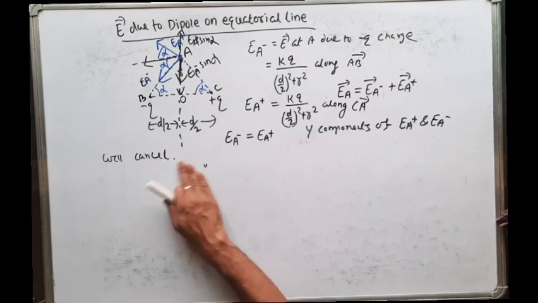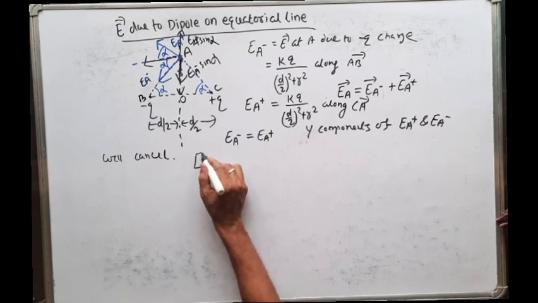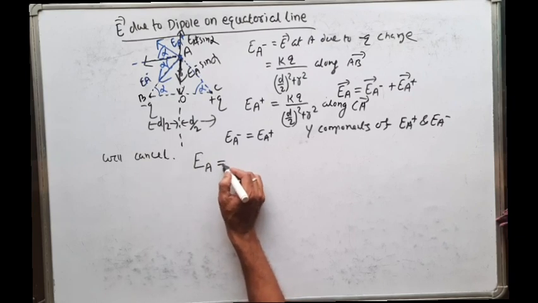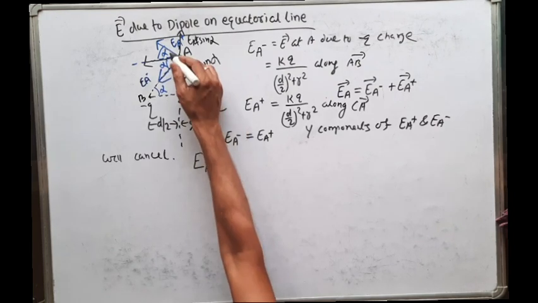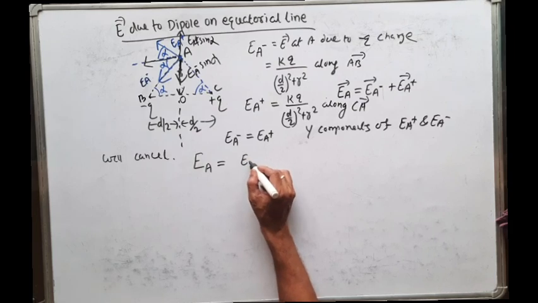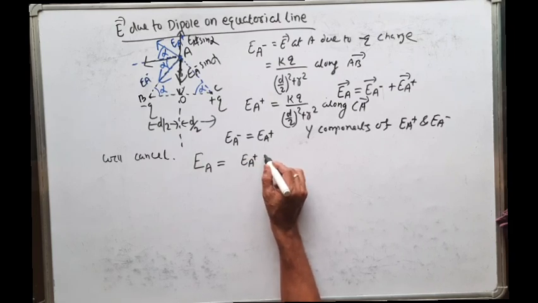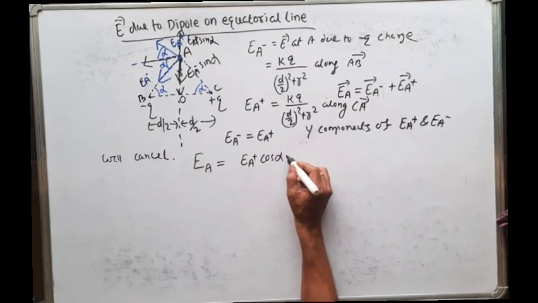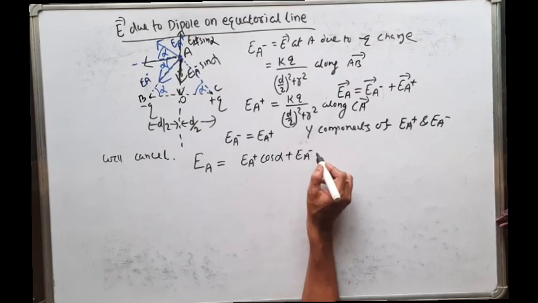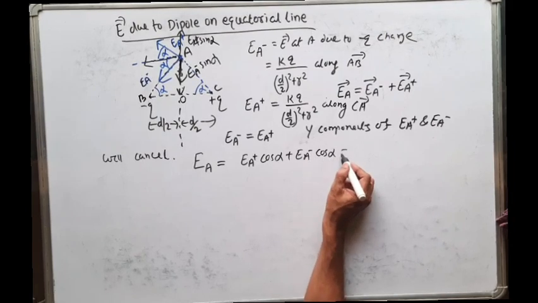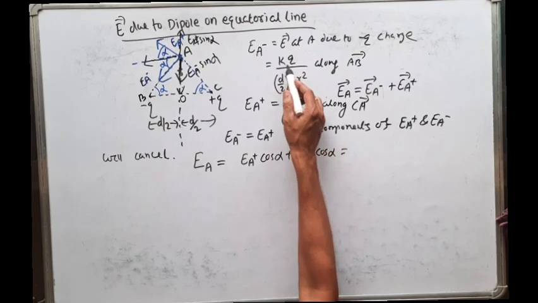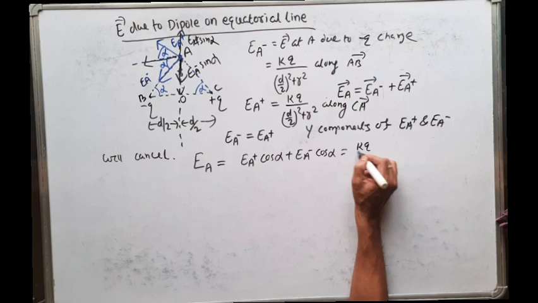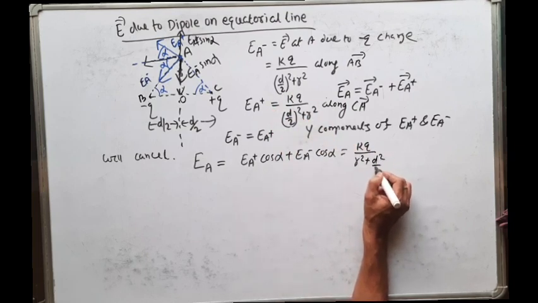So now we can say the total electric field intensity at A is due to the x components of these two vectors. So what is the x component of the individual vector? EA plus cos alpha plus EA minus cos alpha. Of course, these two are the same. What is EA plus or EA minus? That is KQ by R square plus D square by 4.